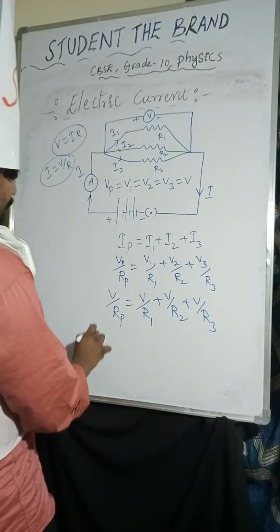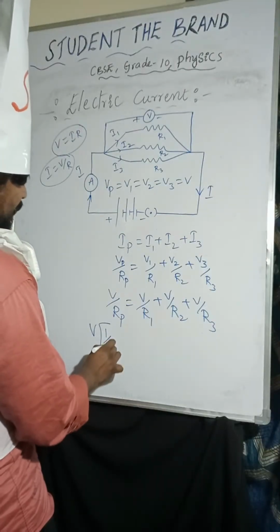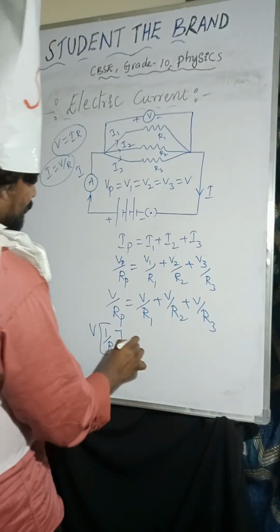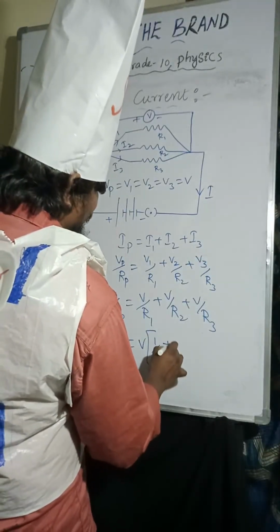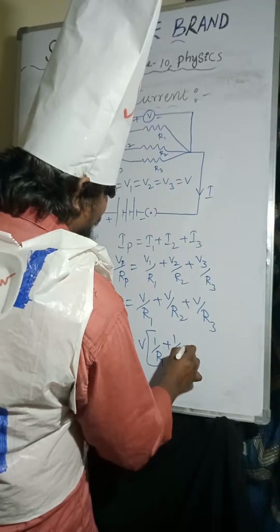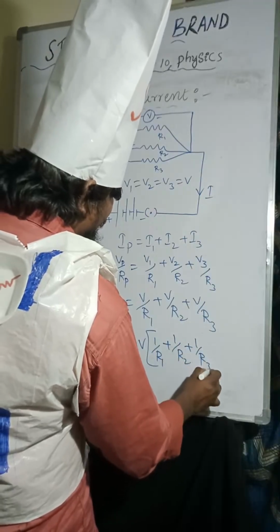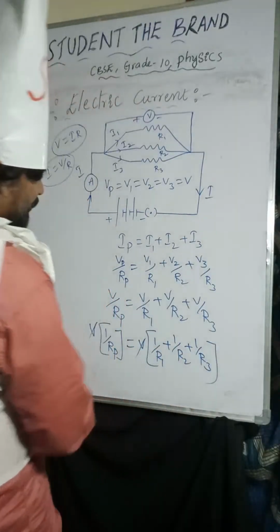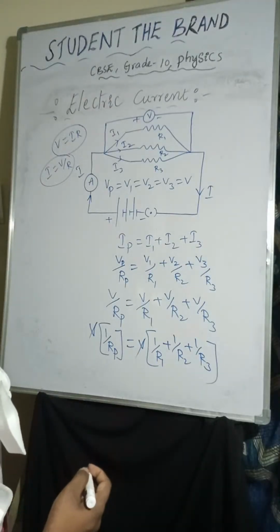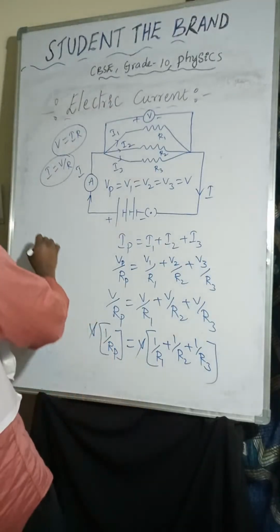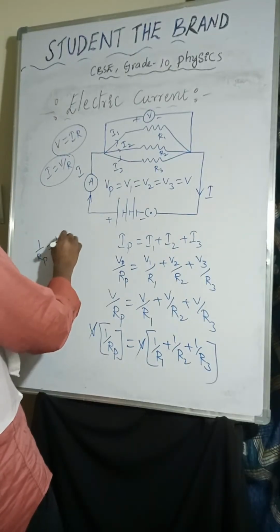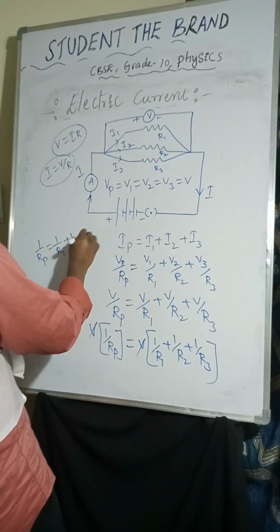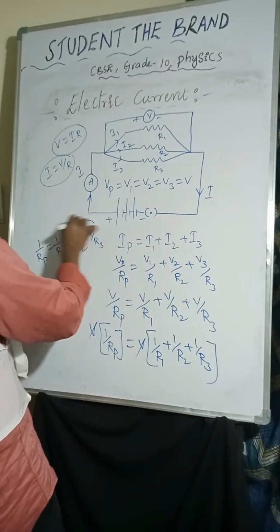If I take V common, 1 by Rp equal to 1 by R1 plus 1 by R2 plus 1 by R3 with V common. So V will get cancelled. So the remaining values are 1 by Rp equal to 1 by R1 plus 1 by R2 plus 1 by R3.